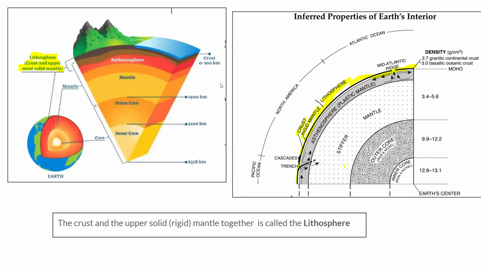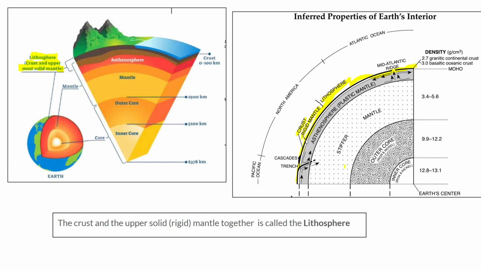What we call the crust and the upper part of the mantle right here is called the lithosphere. So the lithosphere from here to here is the crust and the upper part of the mantle that is solid. You can also see it right here. This is our crust. The white part is the upper part of the mantle. Rigid mantle means solid mantle, so this part is solid.